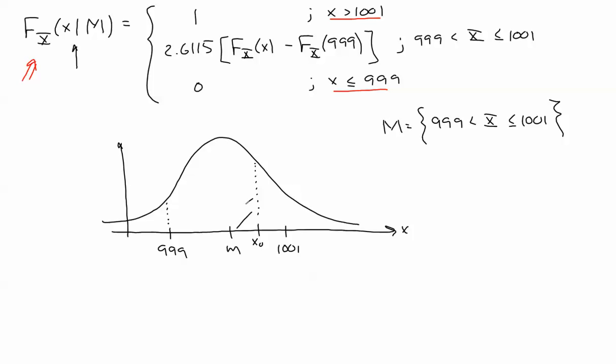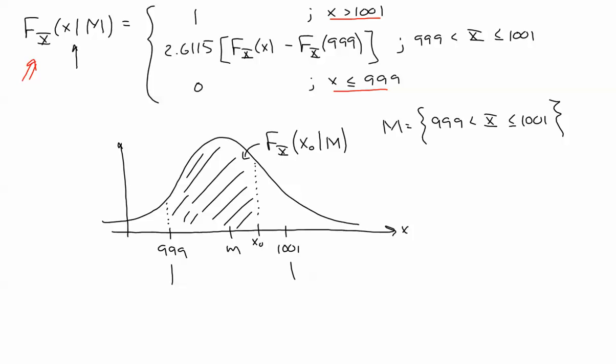And this hatched out area there is the cumulative distribution function for x evaluated at x naught, given that I know I'm within the desired range. All right? The region between that point and that point is my conditional event. I know with 100% certainty that I'm within that range.